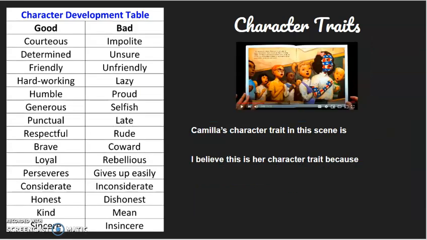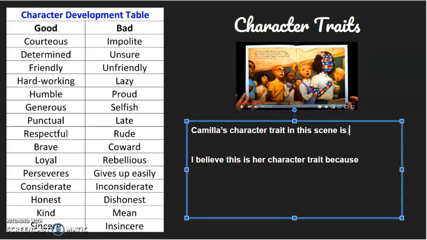Let's do another one. In this picture, she went to school, she got dressed finally, and she went to school. And now they're doing the Pledge of Allegiance, and she is turning into a flag. And all the people around her, at least in the passage it says, they're looking at her like, oh my, my, my. She is turning into a flag. That is weird. And she is embarrassed. So I'm going to say that Camila's character trait in this scene is embarrassed.